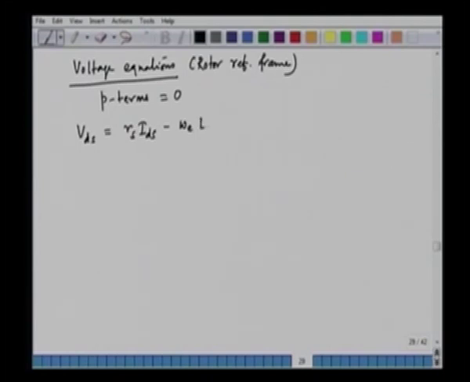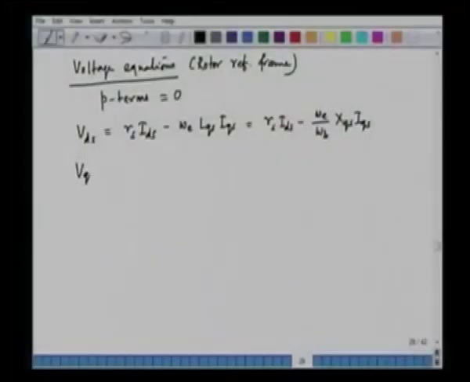That is LQS into IQS. We can also rewrite this in terms of reactances: RS into IDS minus omega E by omega B into XQS into IQS. The equation is very simple, and this is a DC equation. It is an algebraic equation because we are talking about the steady state condition.